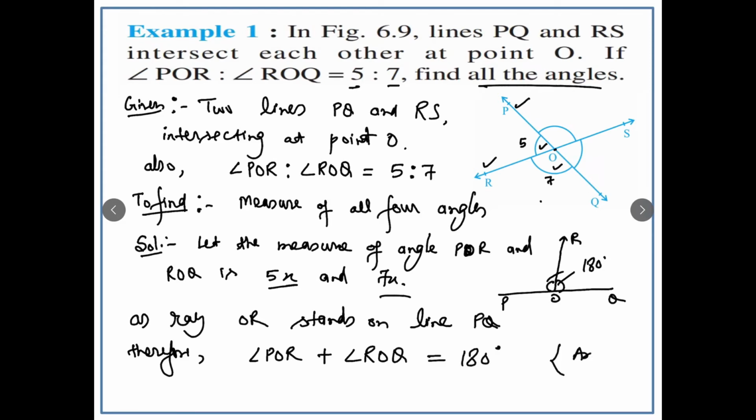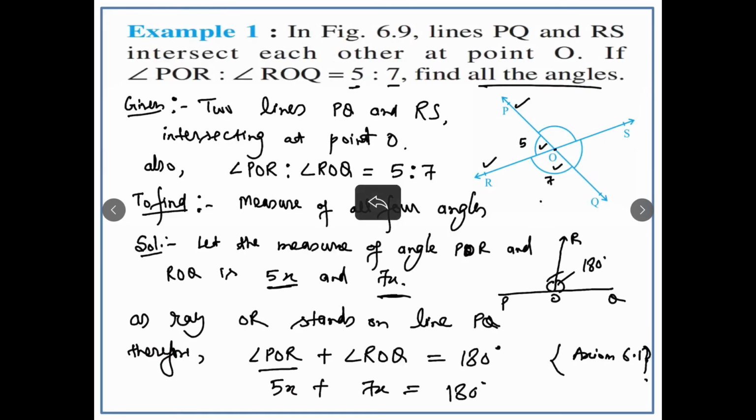This is by axiom 6.1. Okay, here we have taken angle POR as 5x, and ROQ as 7x, and their sum is equal to 180 degrees.